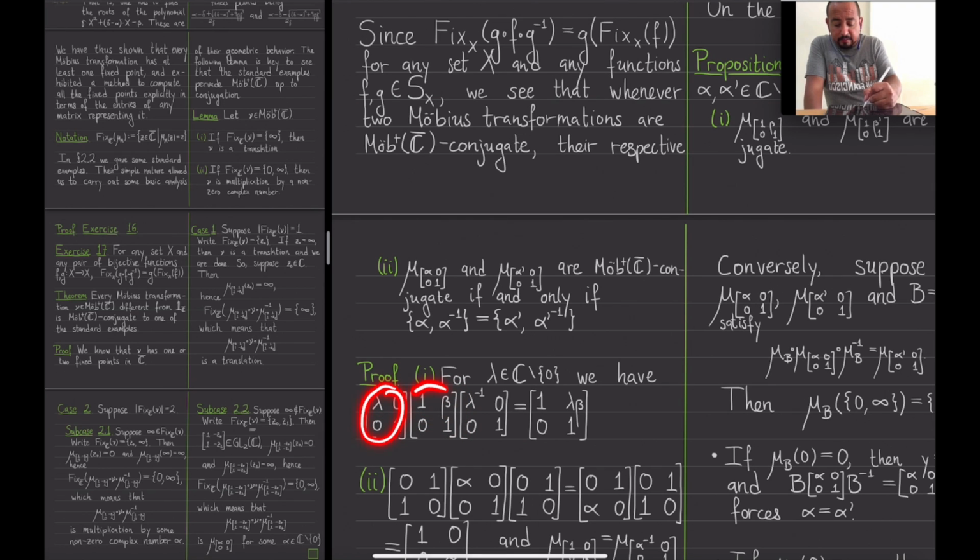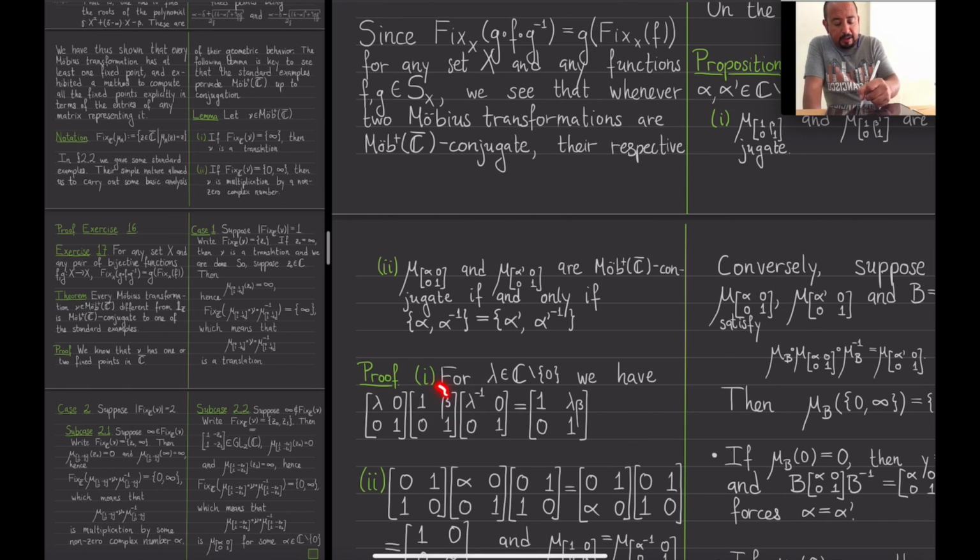So this one gives me lambda and lambda beta 1. But then its inverse, which is this one, multiplies columns by the diagonal entries. So the lambda that was introduced here gets undone by this lambda.